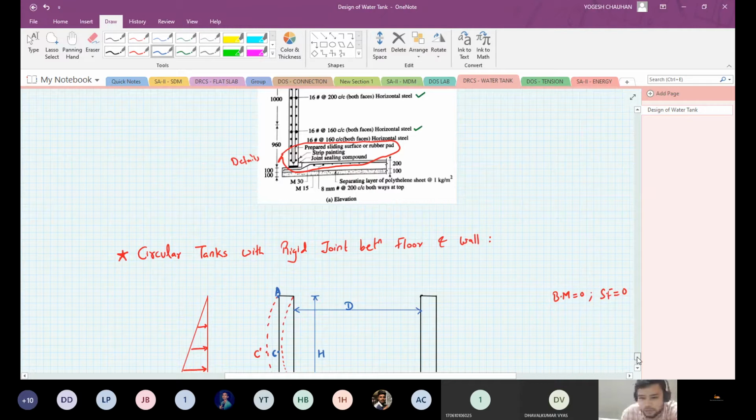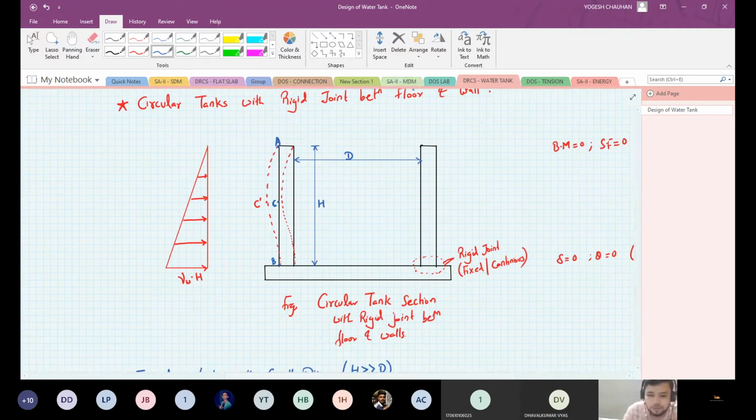When you have a rigid joint between the floor and wall, there are two predominant actions. One is hoop tension, and another is cantilever action.